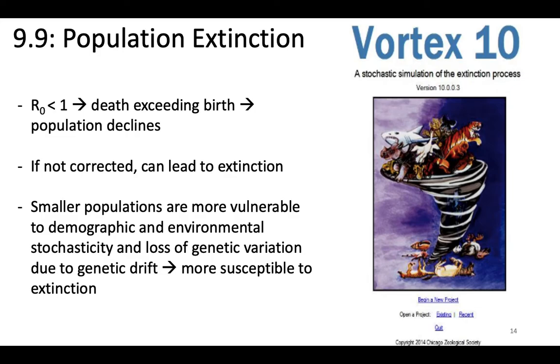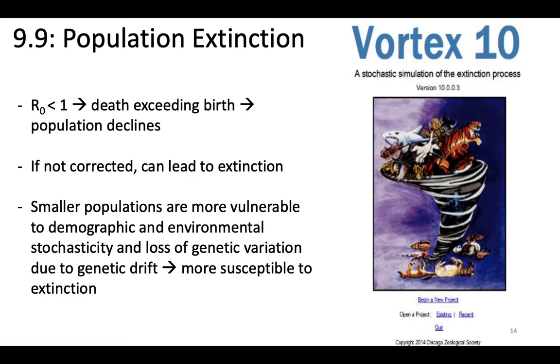So, smaller populations, as you also learned in Gen Bio 2, are more vulnerable to things like demographic and environmental stochasticity. Genetic drift, like I brought up earlier, is basically a random sampling error in the genetics of a population, and the smaller that population is, the bigger the effect.